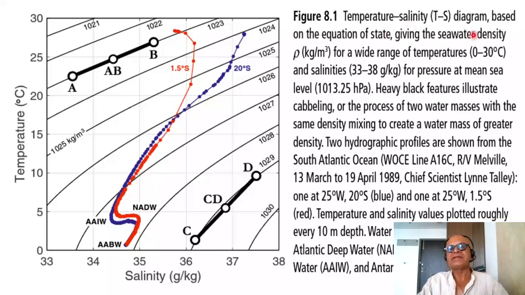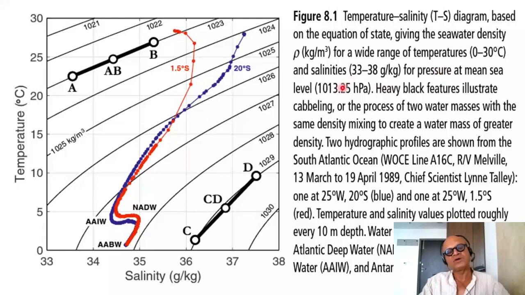So this temperature salinity diagram is based on the equation of state giving seawater density in kilograms per meter cube for a wide range of temperatures from 0 to 30 degrees centigrade and salinities 33 to 38 grams per kilogram, or practical salinity unit that we talked about before, for pressure at the mean sea level.